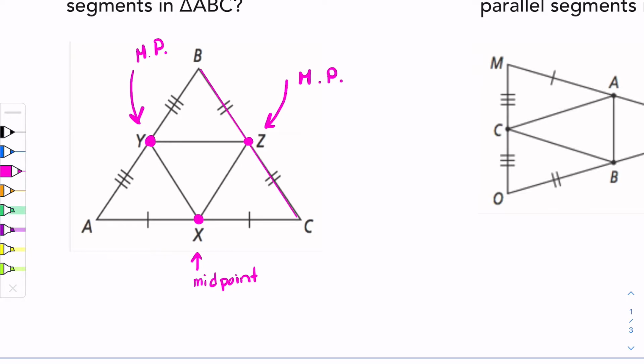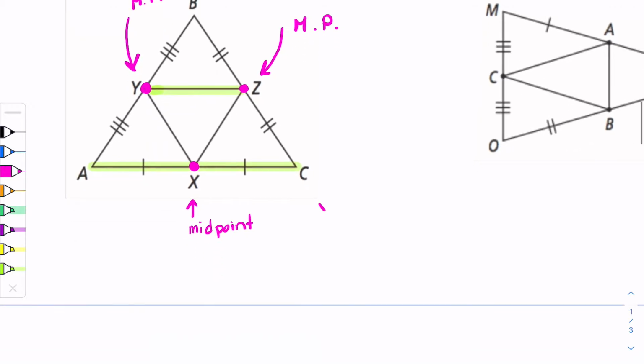So the midsegment theorem indicates that we have multiple sets of parallel lines, and I'm going to highlight them. So if we start with this midsegment, we know that it's parallel to this side. If I list that, I'm going to say segment YZ is parallel to segment AC.